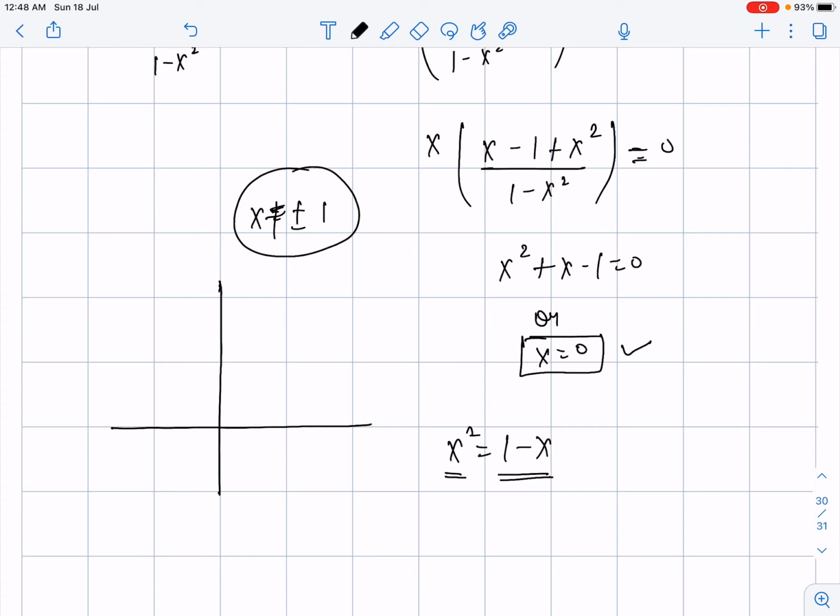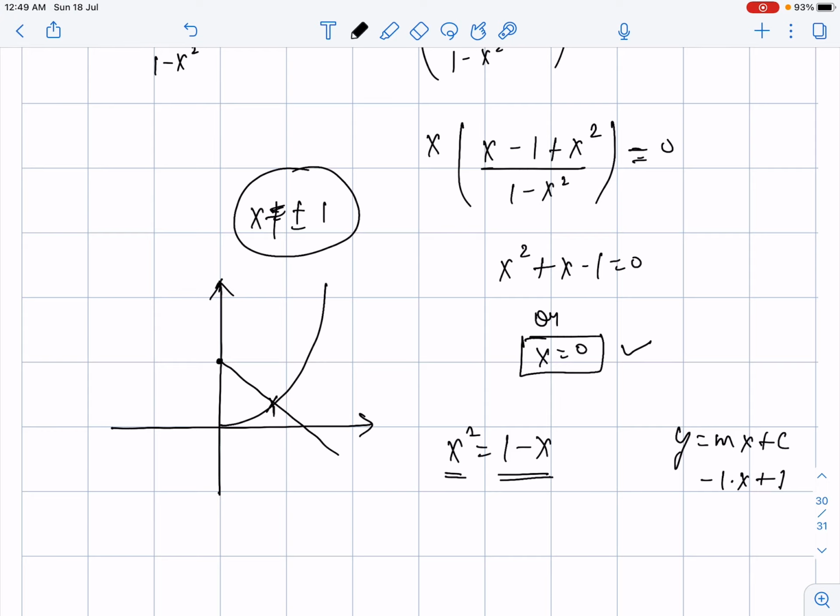for positive x values. So y = x^2 will be drawn like this, for positive only. And 1 minus x means y = mx + c, where m is minus 1 and c is 1. So this is our intercept 1, and slope minus 1 means 135 degrees. So somewhere over here it will be intersecting.